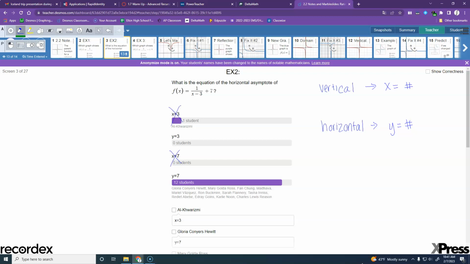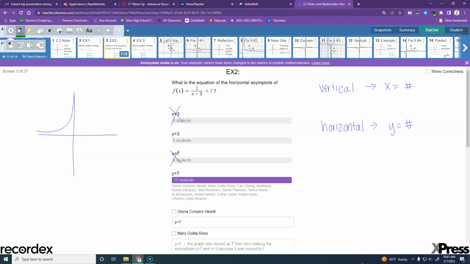So think about what's happening. Your graph looks like this. The rational graph looks like this. So that horizontal asymptote is right there in the middle on the x-axis.